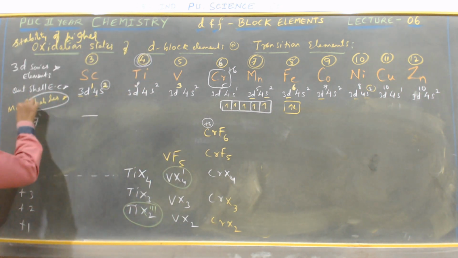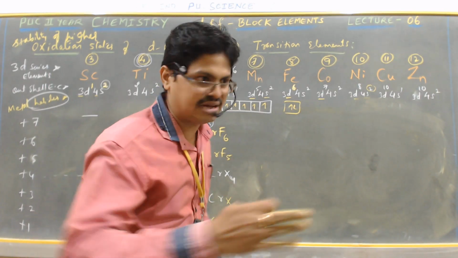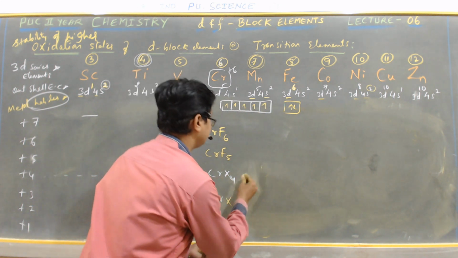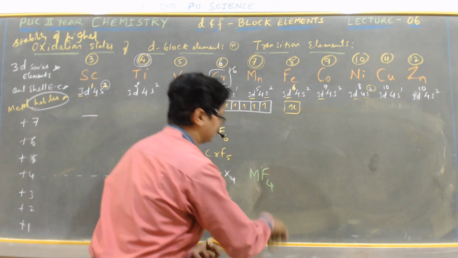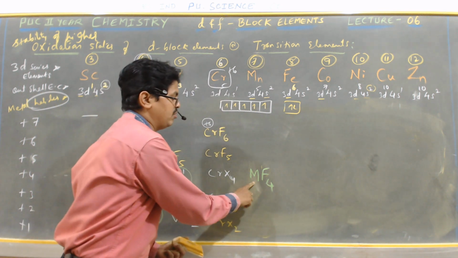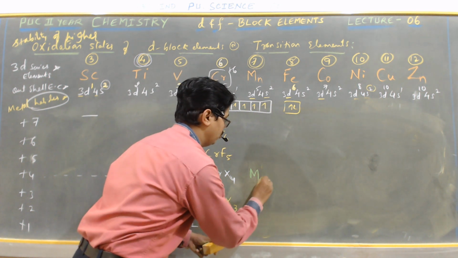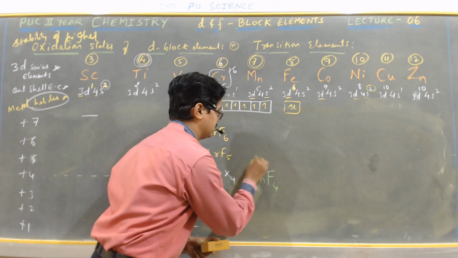But with respect to halides, the stable higher oxidation state of manganese is that is MnF4. Only tetrafluoride is stable. Only tetrafluoride means here manganese is stable only with respect to fluorine. That too, what is the highest oxidation state? It is plus 4.